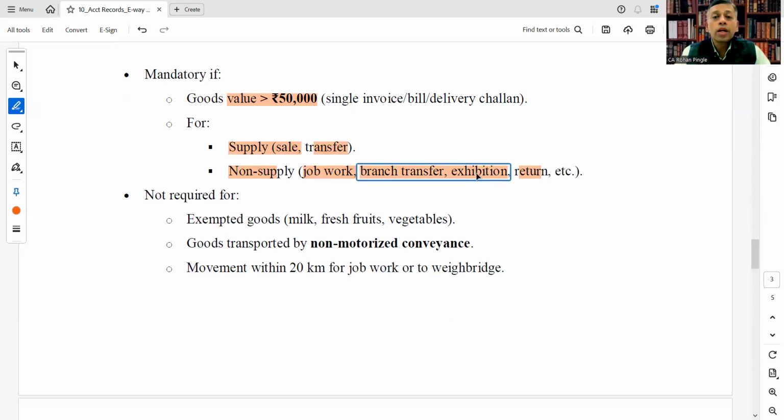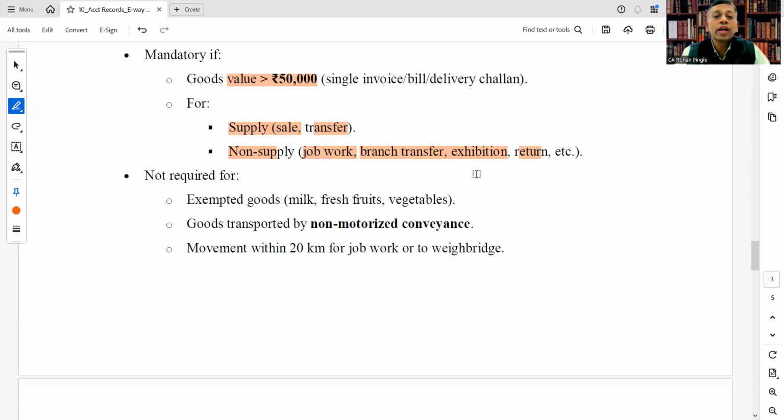When is an e-way bill not required? It is not required for transport of exempted goods like milk, fresh fruits and vegetables, which are necessary items. For transporting those goods you are not required to generate an e-way bill.